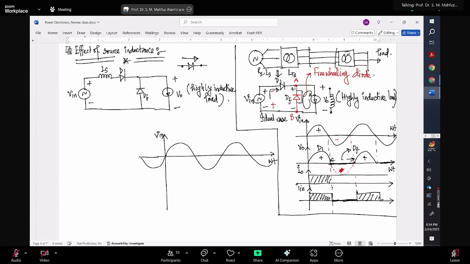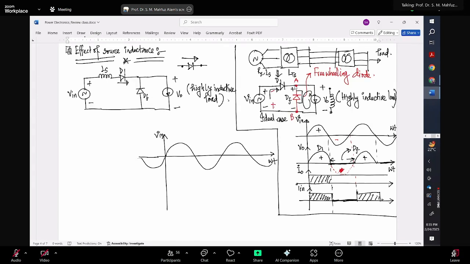So as soon as the positive half cycle starts, this D1 diode will turn on, and the current through the DF diode will turn off. That was not problematic here, since we don't have an inductance. But if you have an inductance here, what will happen?